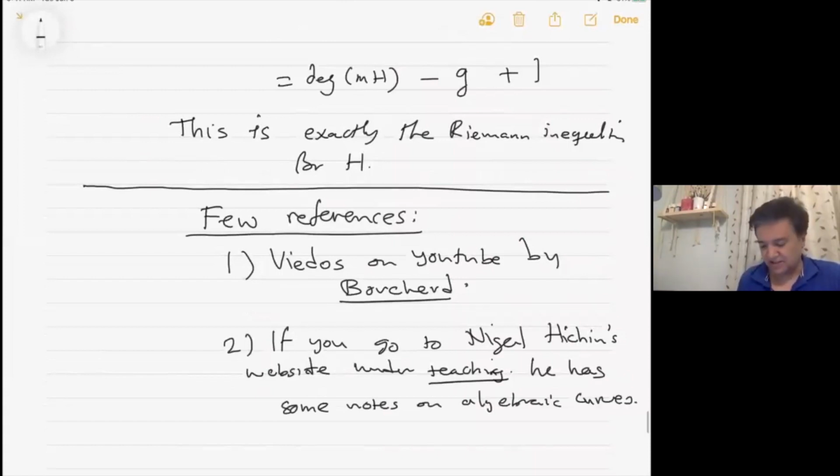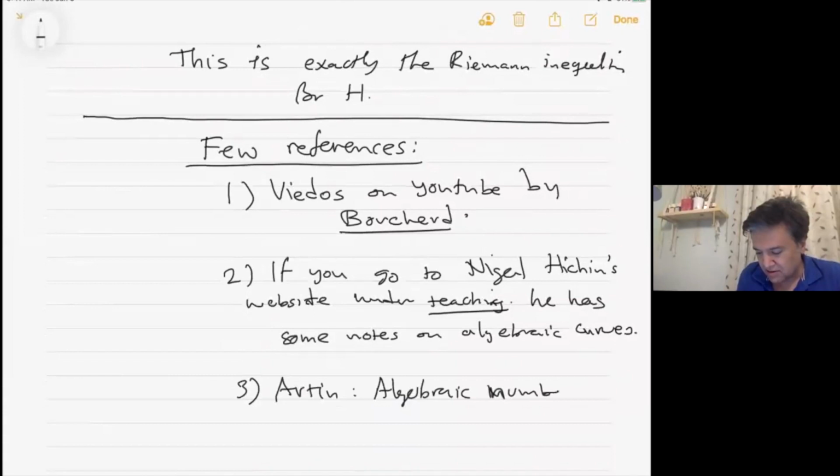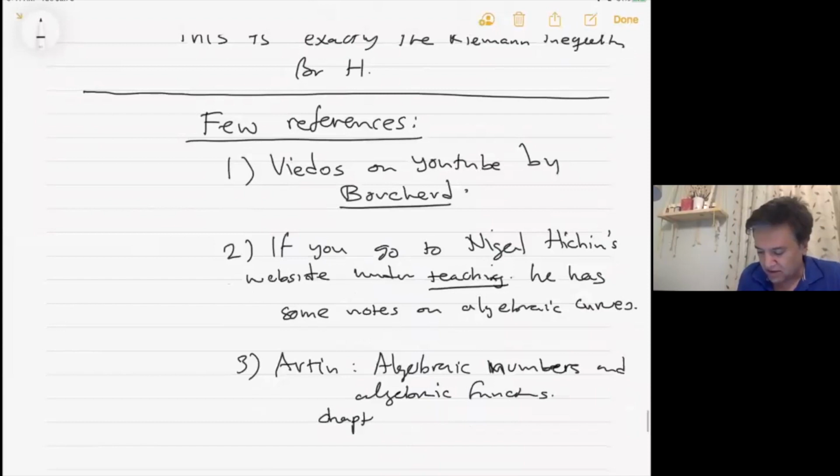Which is very nice. And the third reference that I'm going to tell you is a book by Artin called Algebraic Numbers and Algebraic Functions. And chapter 14 of that is about Riemann-Roch.